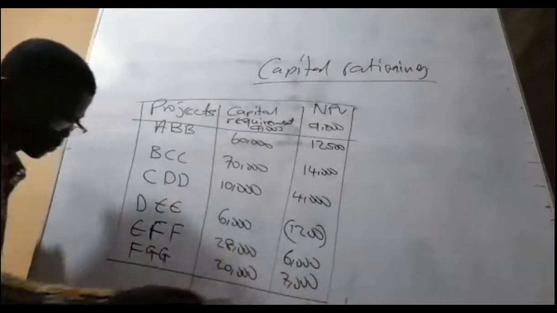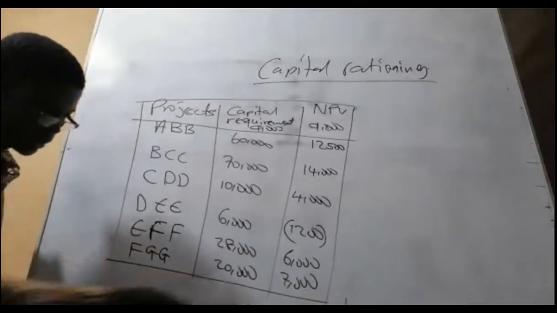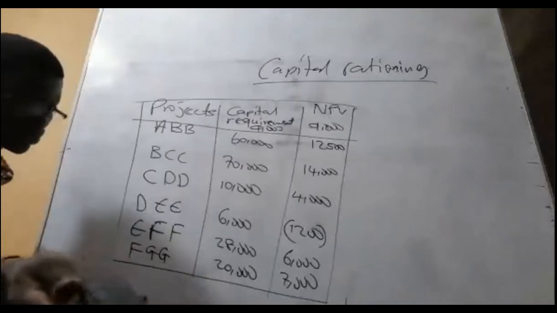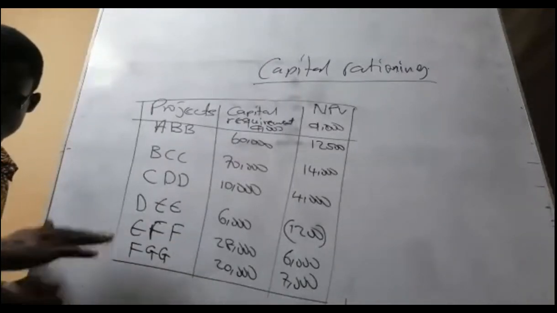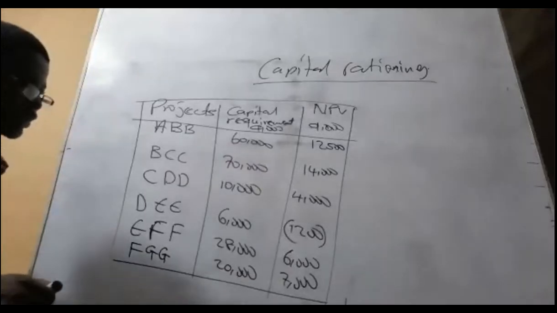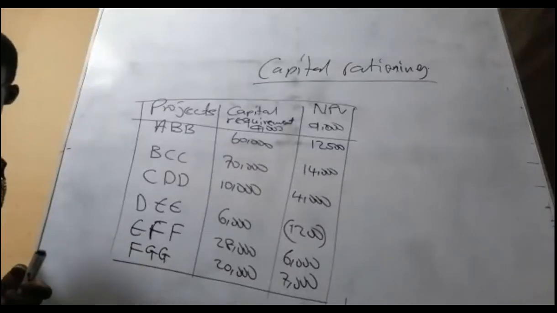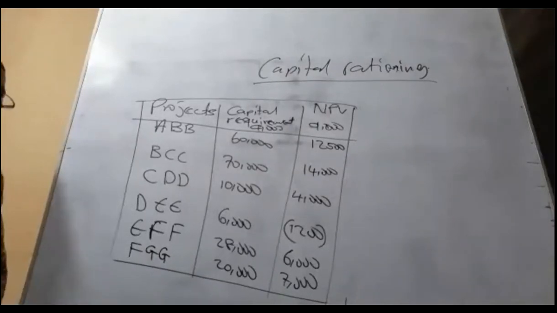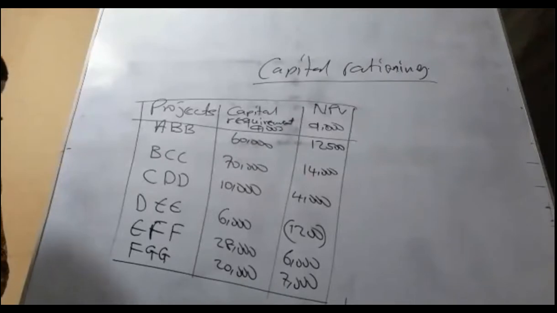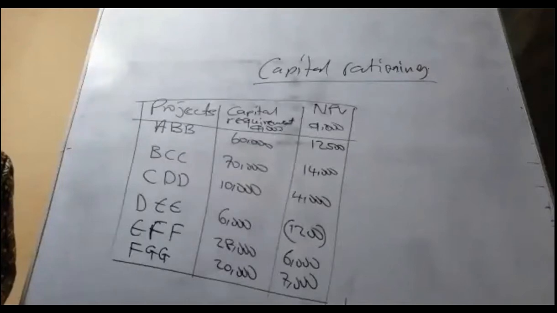Now let's assume that your capital, the total funds that you have, your funds are limited. Let us say you only have 120,000 Ghana cedis available.